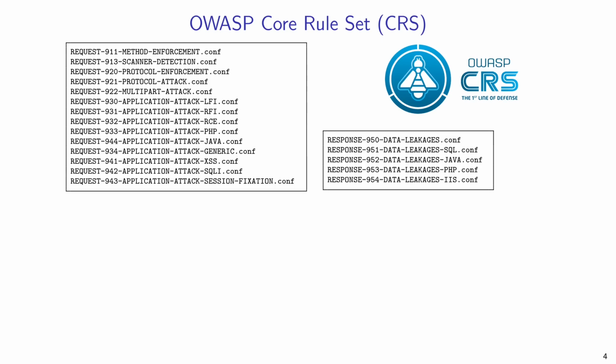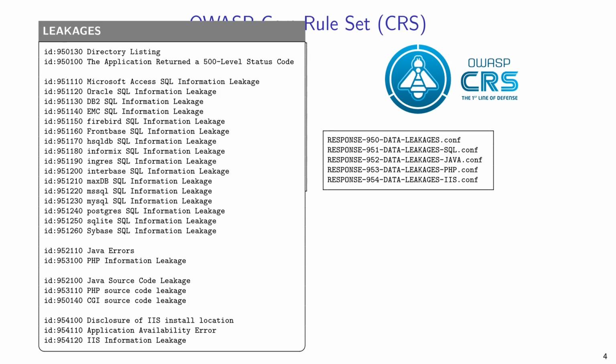In addition to that, there is also a set of rules that detect data leakage in HTTP responses returned by the server. These rules can detect directory listings returned by the server, error messages and stack traces returned by SQL engines, Java and PHP applications, and also Java and PHP source code leakages, which can be detected by scanning response bodies for language-specific keywords.